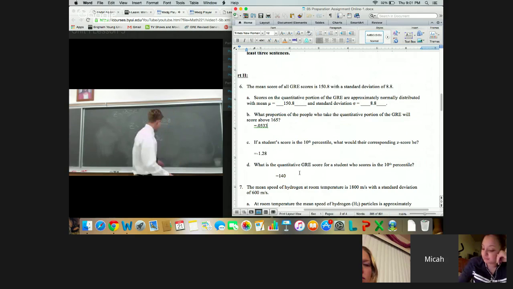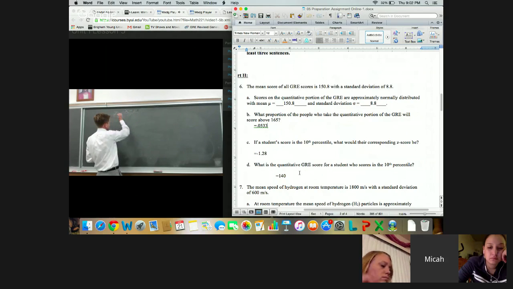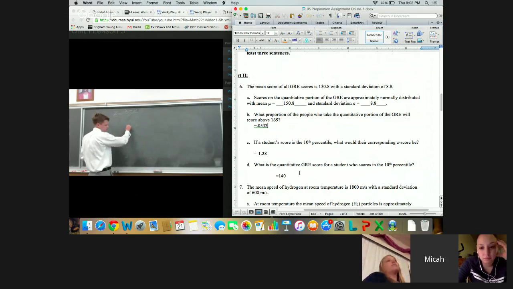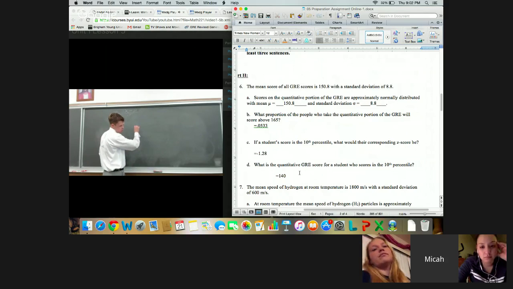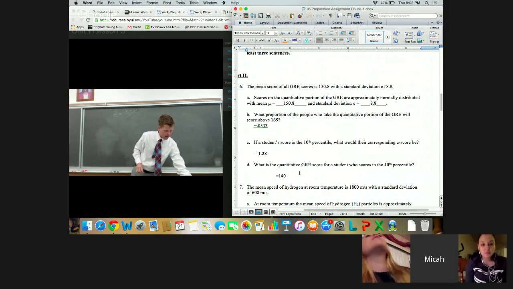What is the quantitative GRE score for a student who scores in the 10th percentile? Okay, now we're going to take that last question and take it one step further. So we have our classic z-score formula, but we're missing the value. That's what we're looking for. What did that 10th percentile student score? So we input what we know, and we know a few of these values.